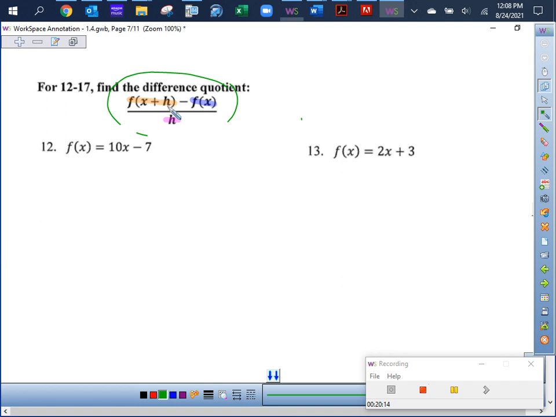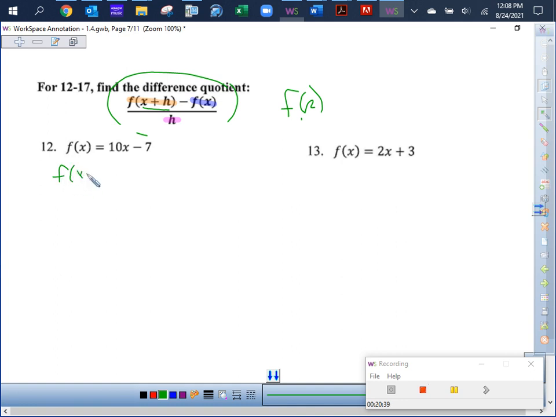Just like I said, if we want to find f of 2, we put 2 in for x. If you want to find f of x plus h, we're going to put x plus h in for x. So let's do that together. It's going to look like this.